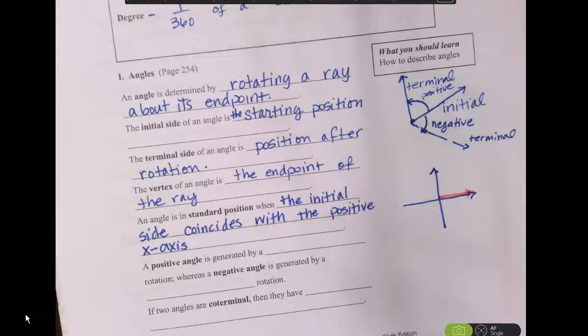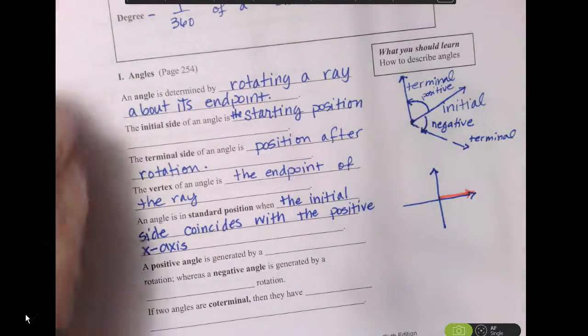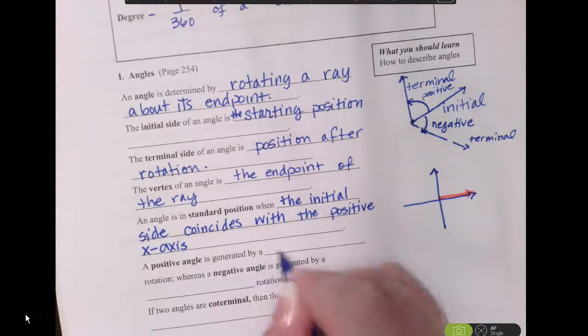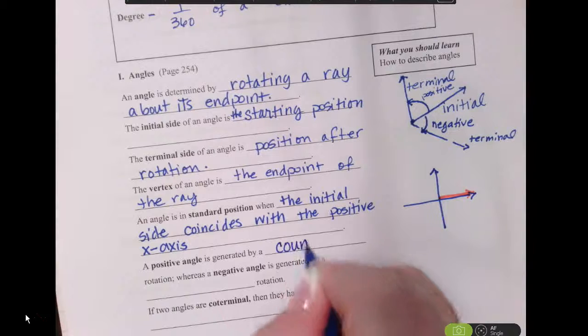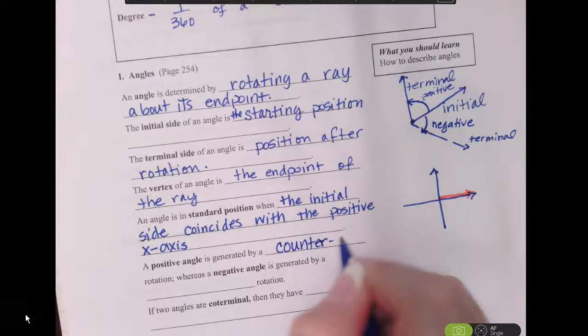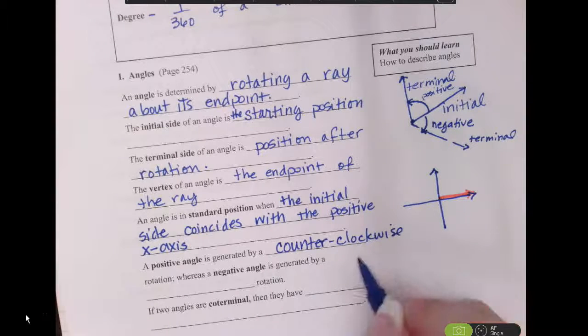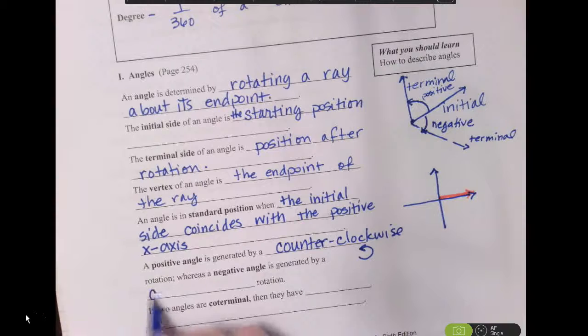That's really most of the angles we'll be talking about in trigonometry. I said a positive angle is generated by a counterclockwise rotation, which is this way, and a negative angle is generated by a clockwise rotation.